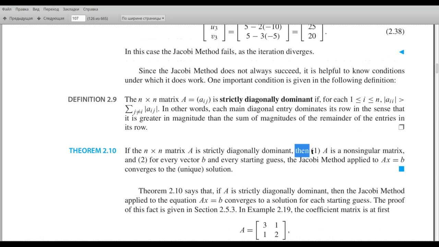So it's a sufficient condition. Of course, a problem can be solved by using different methods and so on, right? So if it's strictly diagonally dominant, then the Jacobi method converges. And you see, it's just the fixed point iterations for this particular method, the Jacobi method.